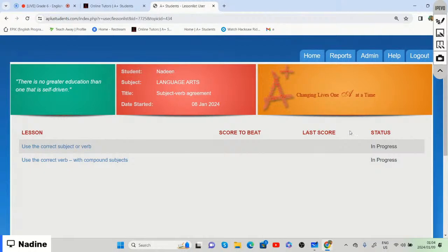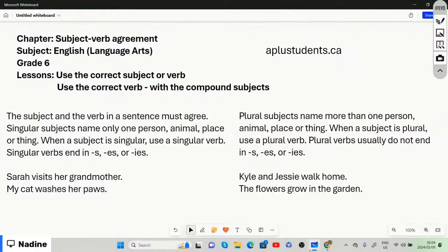All right, so our chapter is subject-verb agreement.